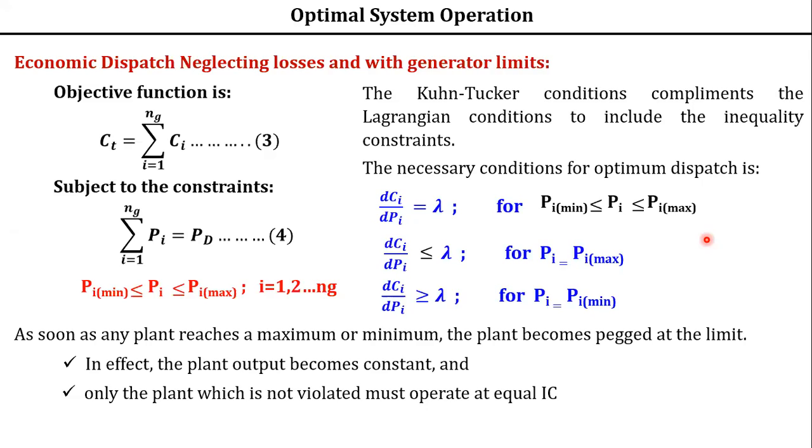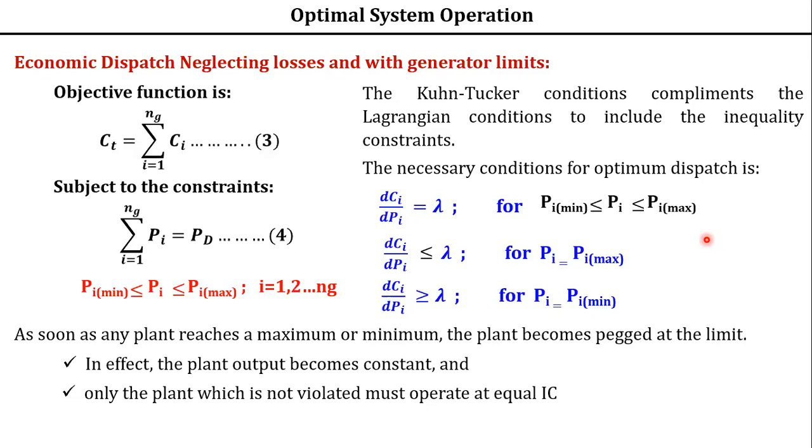Any increment in plant generation will then be taken by generators 1 and 3. Because plant 2 violated the limit, it has been clamped at its value, minimum or maximum, so it cannot be used for further operation.